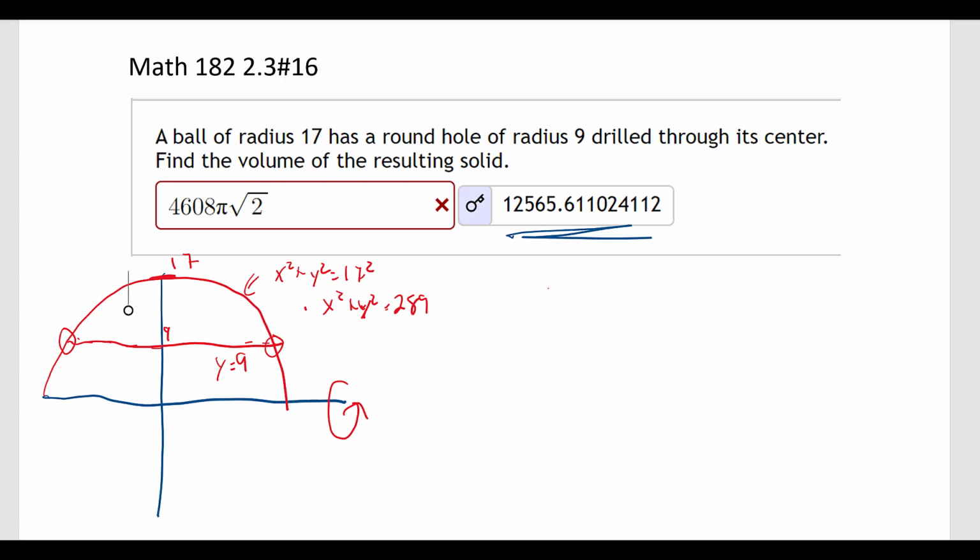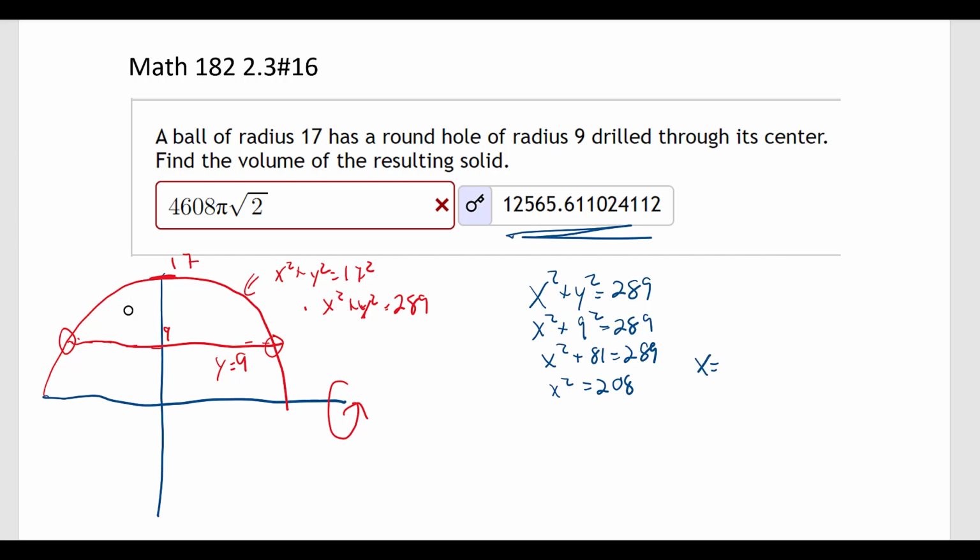So x squared plus y squared equals 289. And we know y is 9, so x squared plus 9 squared is 289. So x squared plus 81 is 289, so x squared is 208.